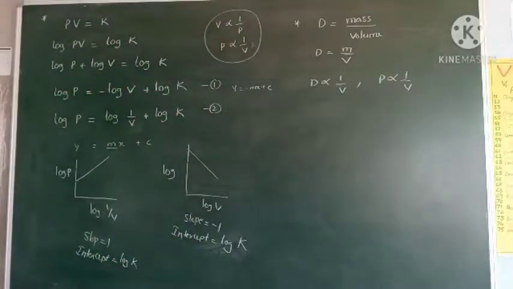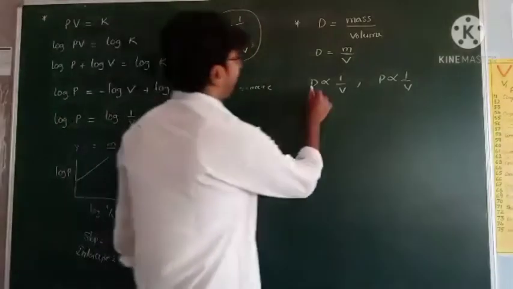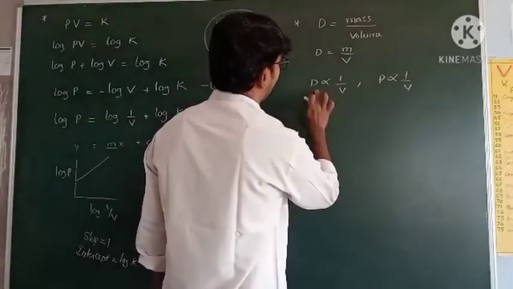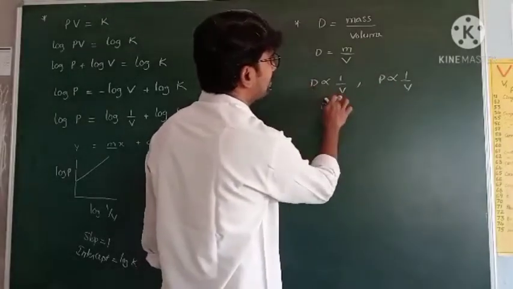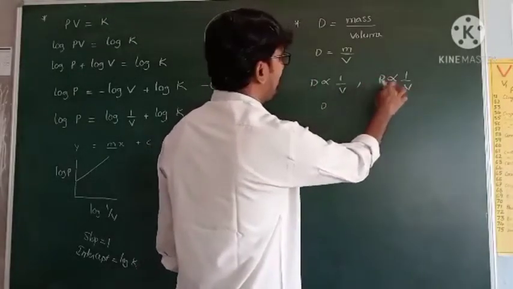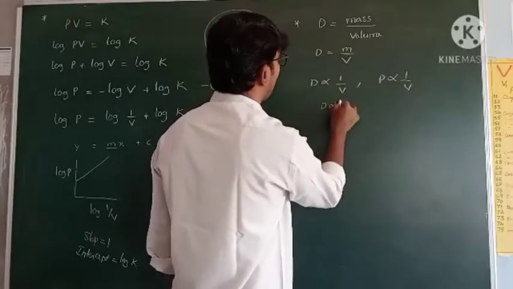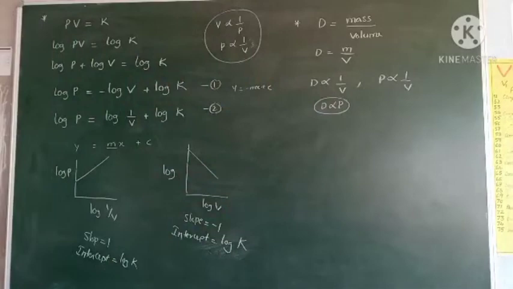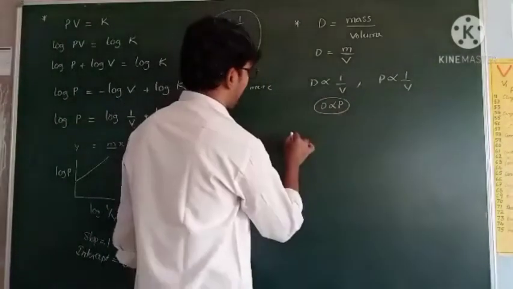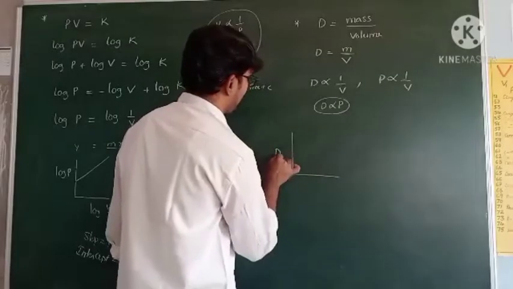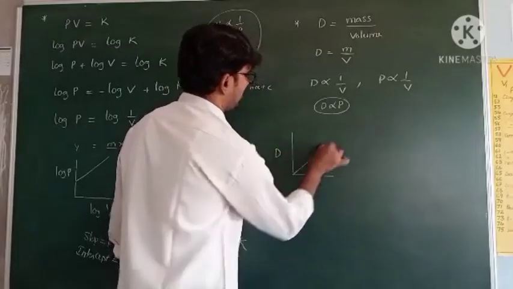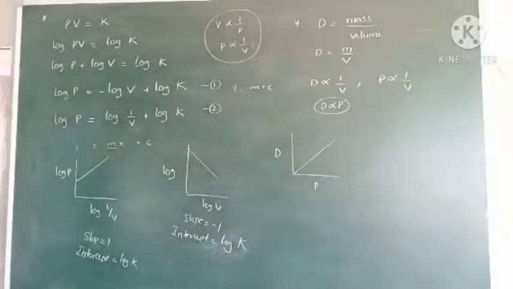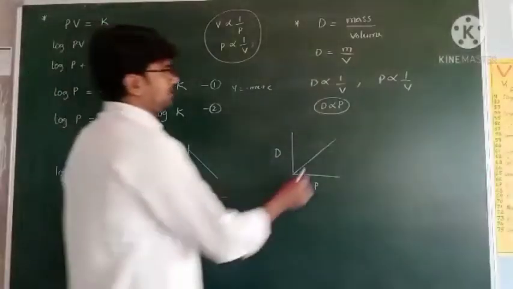From these two, d is inversely proportional to V, and P is inversely proportional to V, which means d and P are directly proportional to each other. If you draw a graph between density and pressure, directly proportional means a straight line.